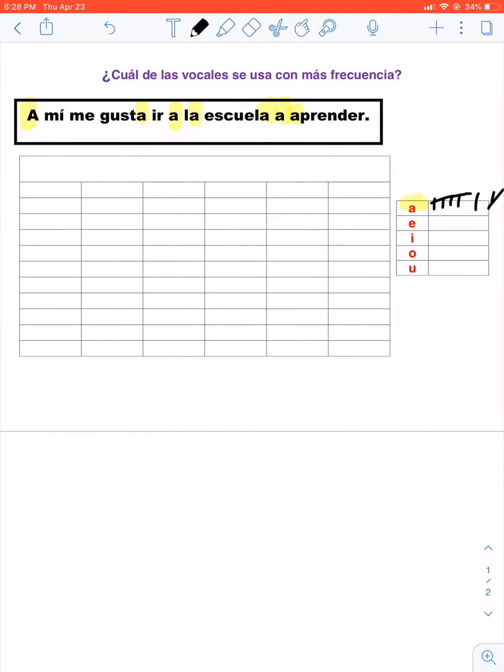Okay, let's fix that. Let's make that look a little bit nicer, right? 6, 7. Okay, next vowel, la E.